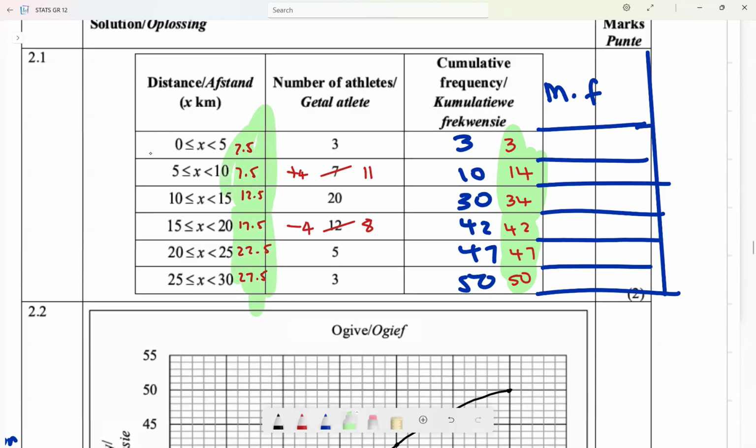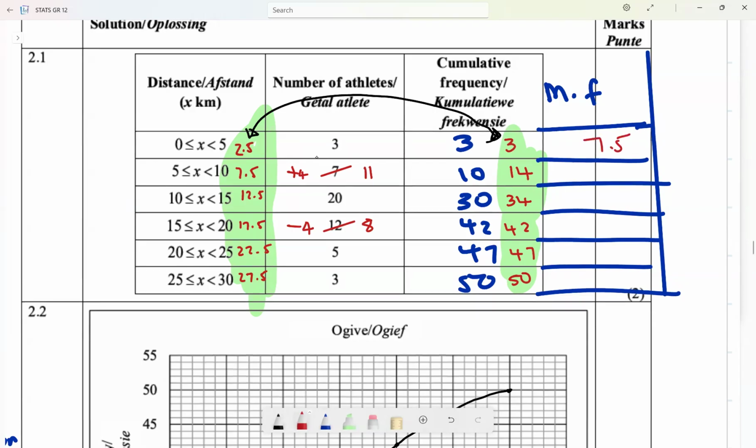I'm going to multiply the green with the green. Every time when we have grouped data like this, we find the estimated mean. 2.5 multiplied by 3 is 7.5.